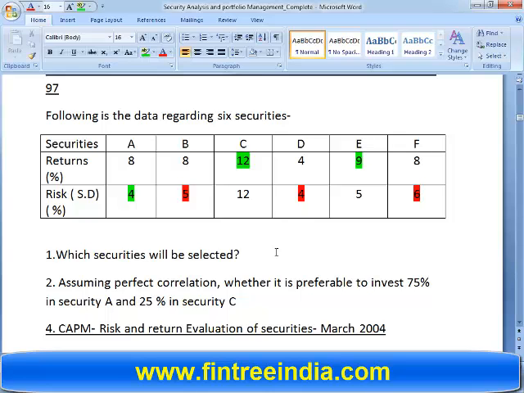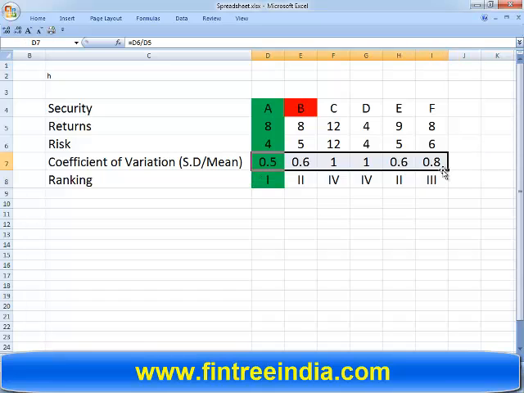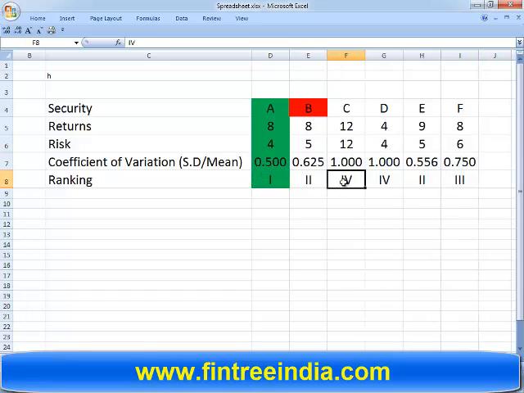Then subpart 2 of this question. For B and E, we have taken both as 0.6 coefficient of variation, B and E. Won't that be different because the risks are different, 5, 8 and 9, so it was rounded off. Yeah. This is 2, this should have been third.